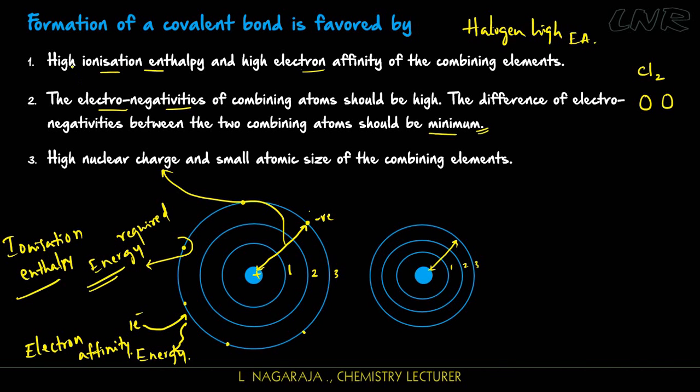These are the three factors favoring covalent bond formation: the combining atoms must have high ionization enthalpy and high electron affinity values, very high electronegativities but a small difference between the two combining atoms, and high nuclear charge and small atomic size.